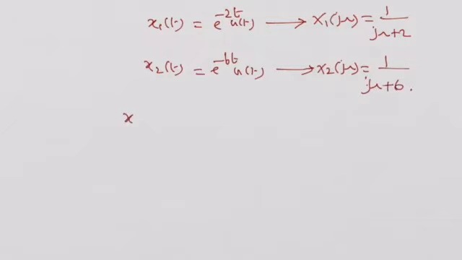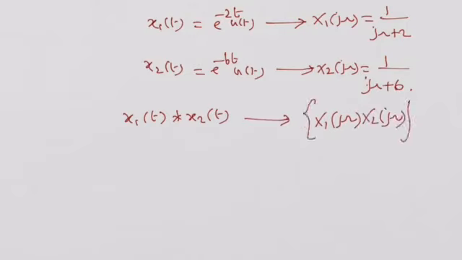If you want to calculate the result of convolution, what you should do is take the results of the individual Fourier transforms, multiply them, and then apply the inverse Fourier transform on the result.